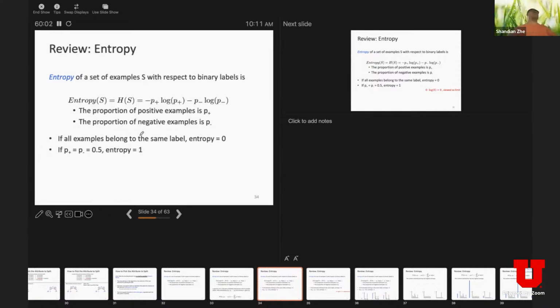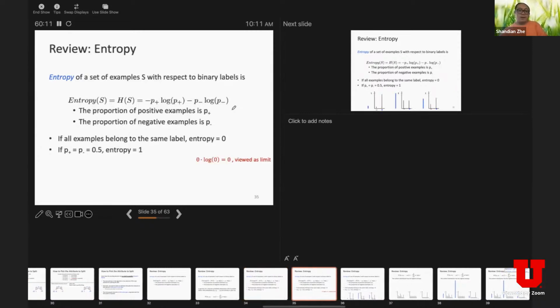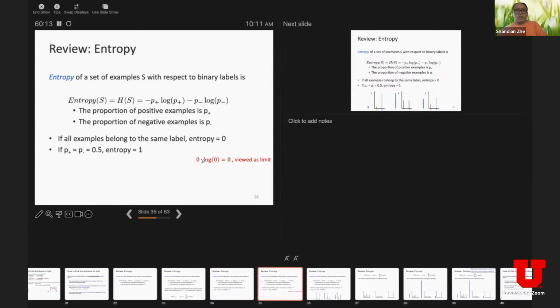I know it must be positive or negative, so my uncertainty is 0. And if we calculate it, it gives you 0. Someone may ask, what if I get 0 times log 0? This can be sidestepped by viewing it as a limit. It's just a mathematical detail, you can ignore it. Okay.